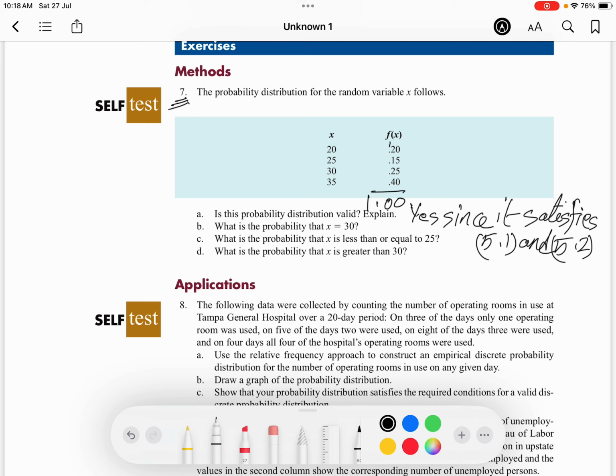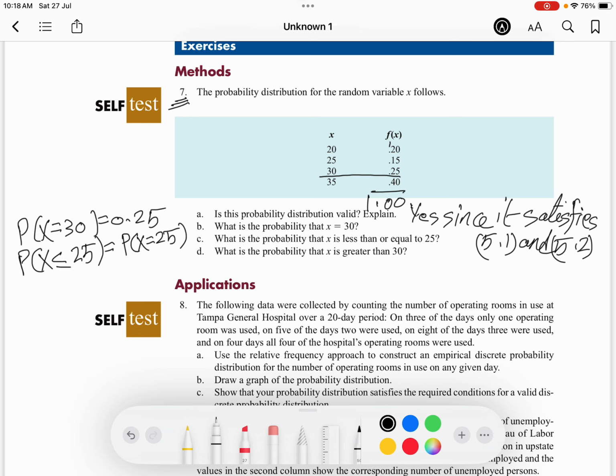What is the probability that x equals 30? Probability x equals 30 will be 0.25. What is the probability that x is less than or equal to 25? Probability x less than or equal to 25 means the probability of x equal 25 plus probability x equal 20, which is 0.35.